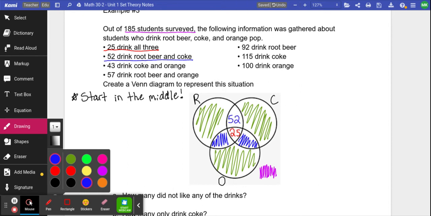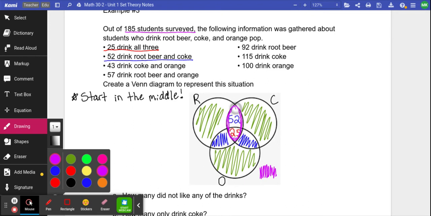The reason that's incorrect is because that space is not drink root beer and Coke. That space is drink root beer and Coke and not orange. The area that says drink root beer and Coke is actually this region all the way around, right? It's both of these numbers.